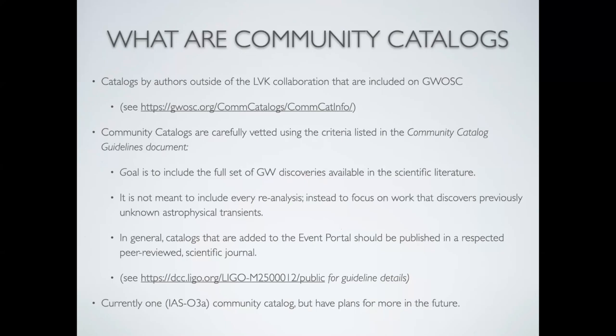The goal is to include a full set of gravitational wave discoveries available in the scientific literature, not just the ones from the LVK. It's not meant to include every reanalysis. Instead, focus on works that discover previously unknown astrophysical transients. The catalogs are added to the event portal, but they should also be published in a respectable, peer-reviewed scientific journal.